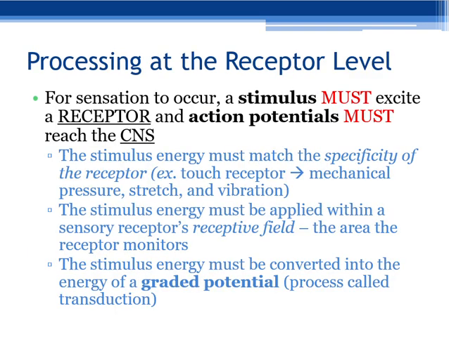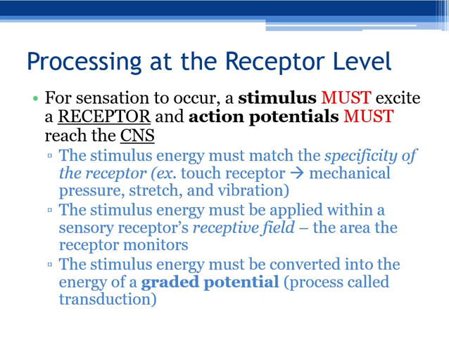So let's look closer at the receptor level. For a sensation to occur, we need a stimulus. It has to excite a receptor, and that has to create a graded potential that leads to an action potential, and those action potentials have to be carried through a series of neurons to reach the central nervous system.